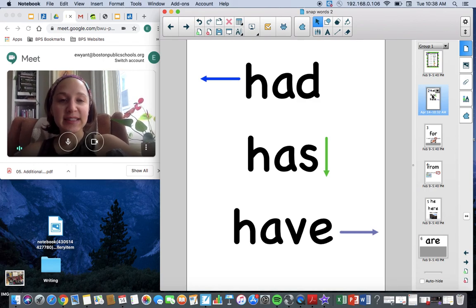Let's get started with step 1. Take a look at these 3 words and see what you notice.